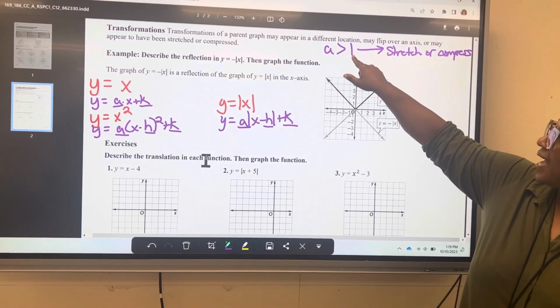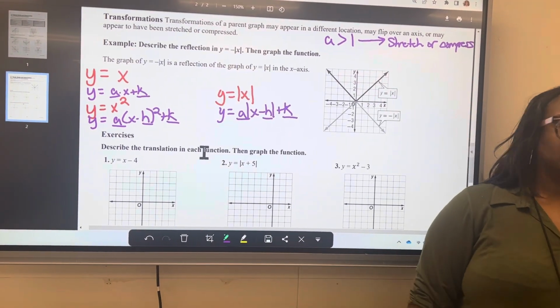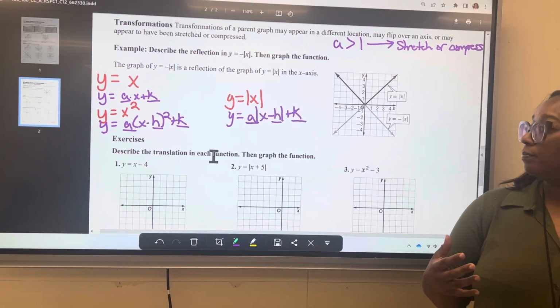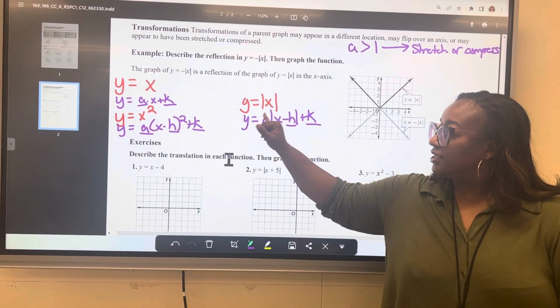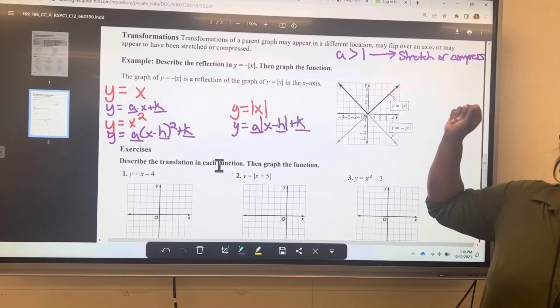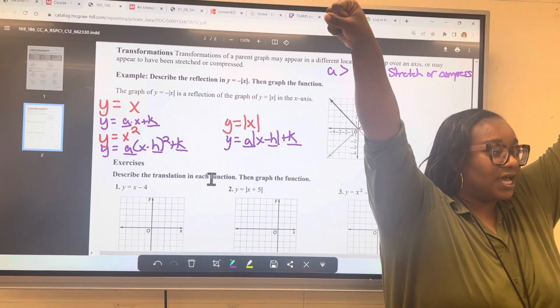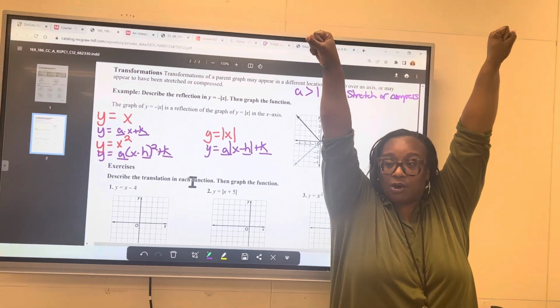So that means my a value has to be a number that's bigger than 1. What types of numbers are bigger than 1? 2, 5, 7, 13. All of those numbers are bigger than 1. So if the number in front of my function is greater than 1 and I'm multiplying it, it's going to actually stretch it. Stretching it means you're taking the ends of this V-shaped graph and stretching it upward. So it's actually going to get more narrow.